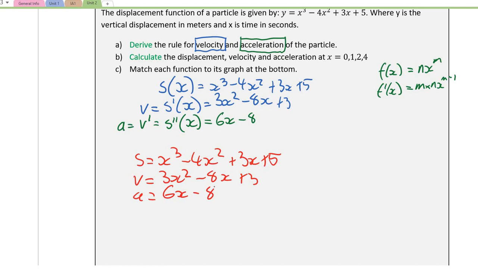For the first one, just put in your displacement rule. X cubed, top left. X cubed minus 4x squared plus 3x.